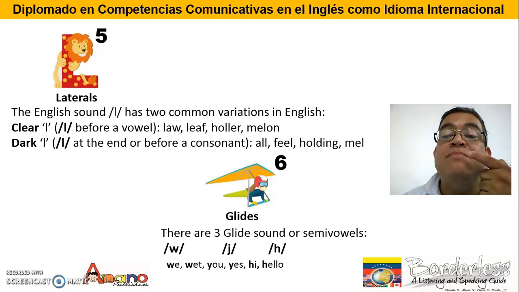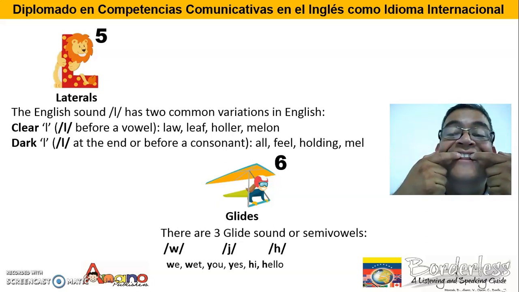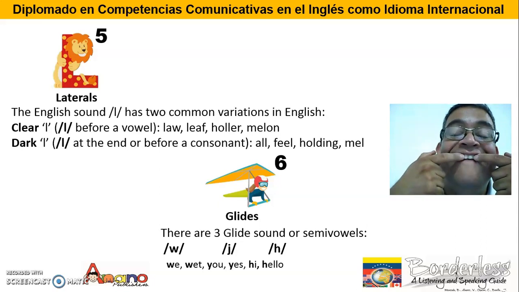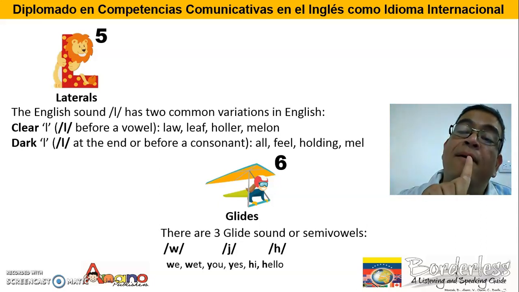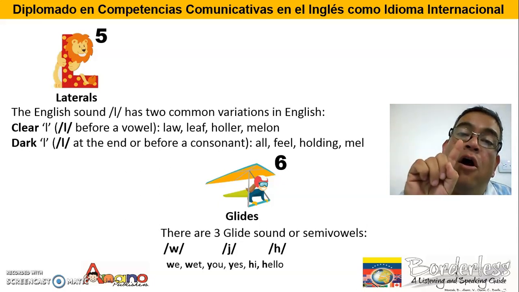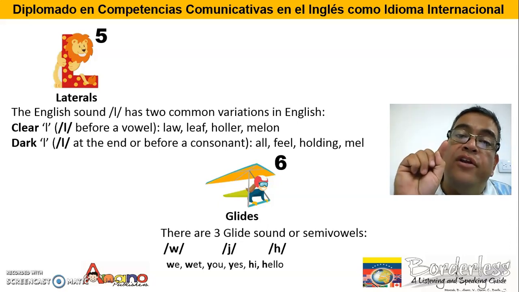Alveolar ridge is this part that is between these two teeth. You understand? Here, just in the back part, you can feel something hard. Alveolar ridge is a small gum.